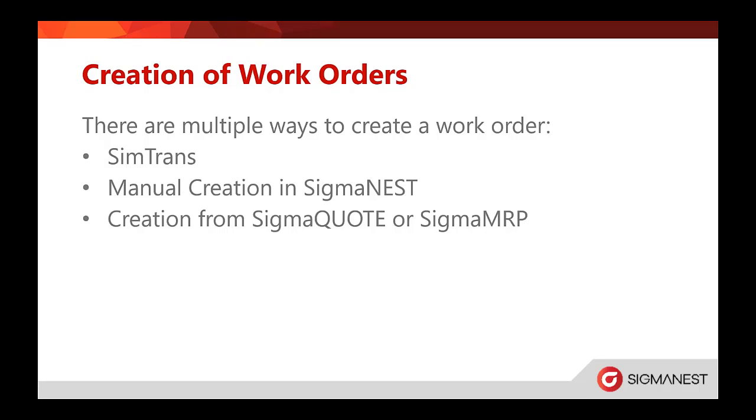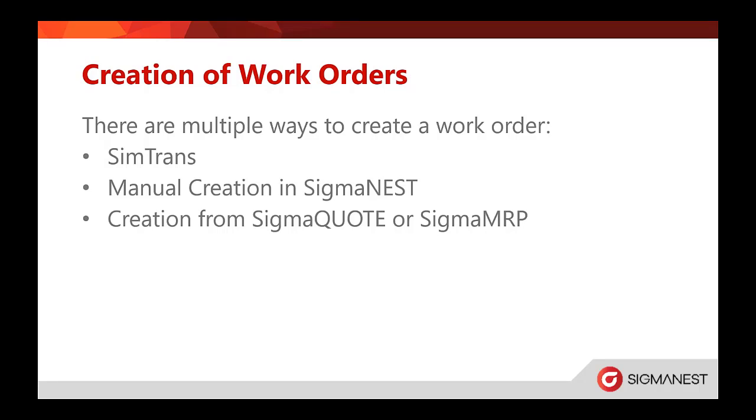The last option we have is the creation from SigmaQuote or SigmaMRP. SigmaQuote is a module that you can get for SigmaNEST. This is for quoting purposes, as well as creating jobs, and we will go into detail later the difference between a job and a just normal quote and work order.